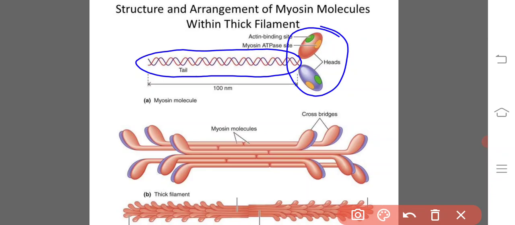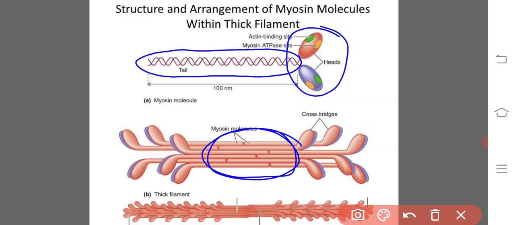The tails of the neighboring myosin molecules are arranged parallel to one another, forming the shaft of the thick filament. So these are all the tail regions of the myosin molecules.